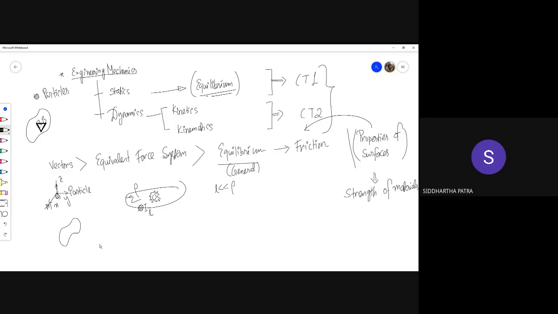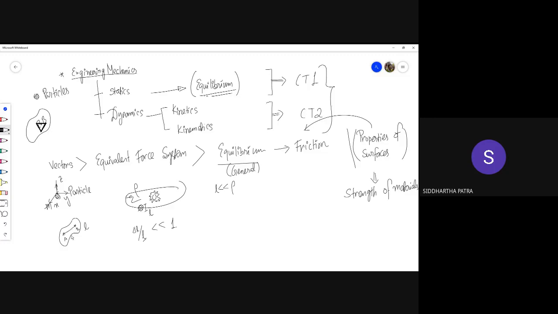But as the name suggests, the dimensions may be finite, but the changes in the dimension, let's say L is the characteristic dimension, so delta L by L, the changes in such dimensions must be much smaller compared to the dimension itself.